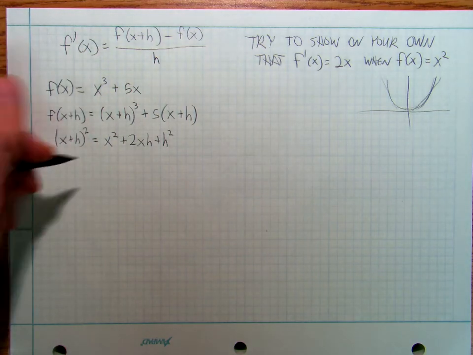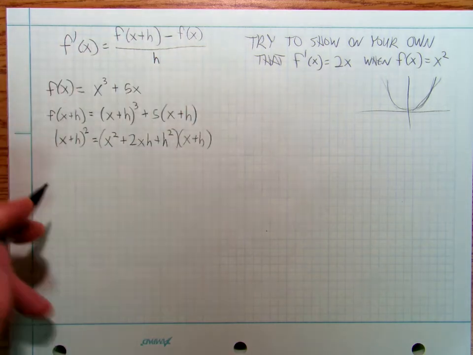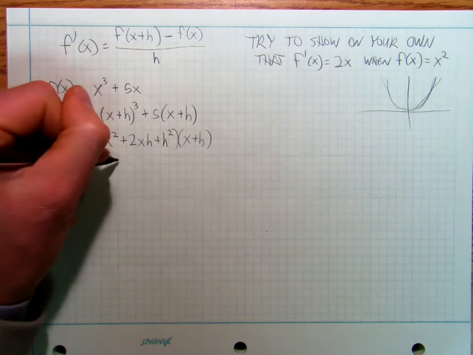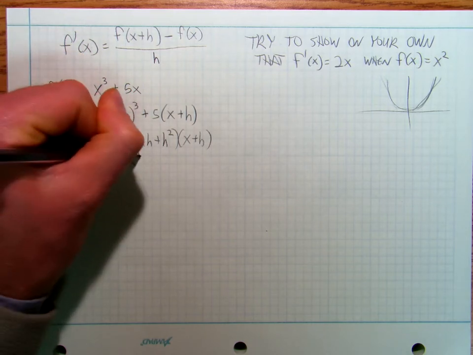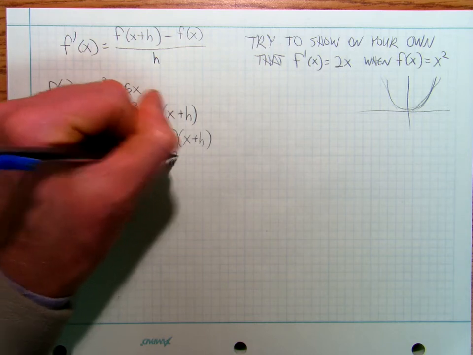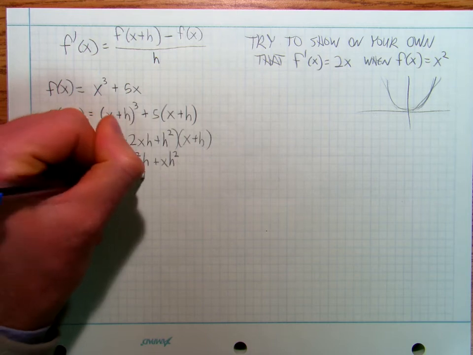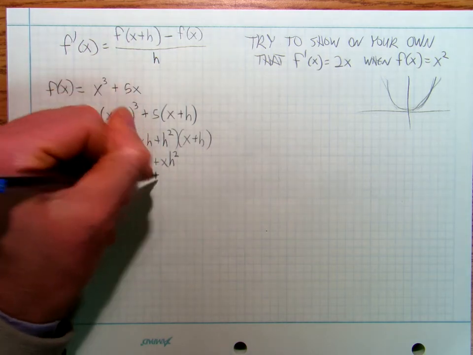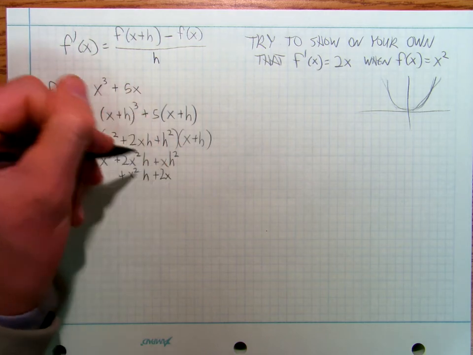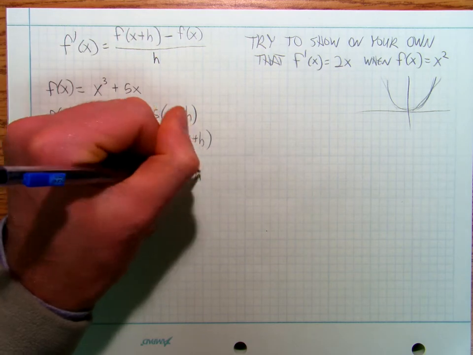And then if I multiply that by x plus h, I'm going to get x cubed plus 2x squared h plus x h squared plus another x squared h plus 2x h squared plus h cubed.